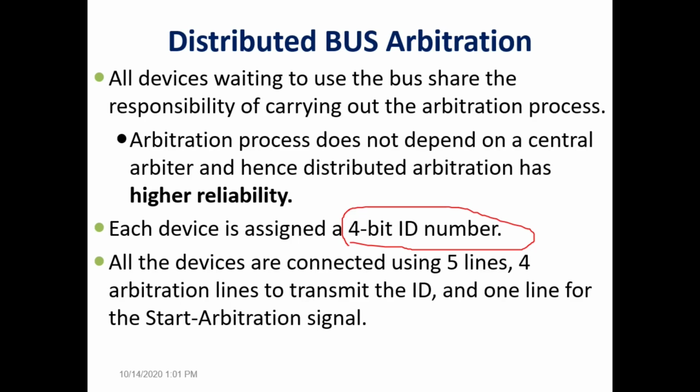When different devices transmit their IDs to the arbitration lines, the arbitration lines collectively have the logical OR output of all the IDs. Then there will be one more signal called the start arbitration signal. Once devices place their IDs on the arbitration lines, they start the arbitration signal so that the arbitration process starts.